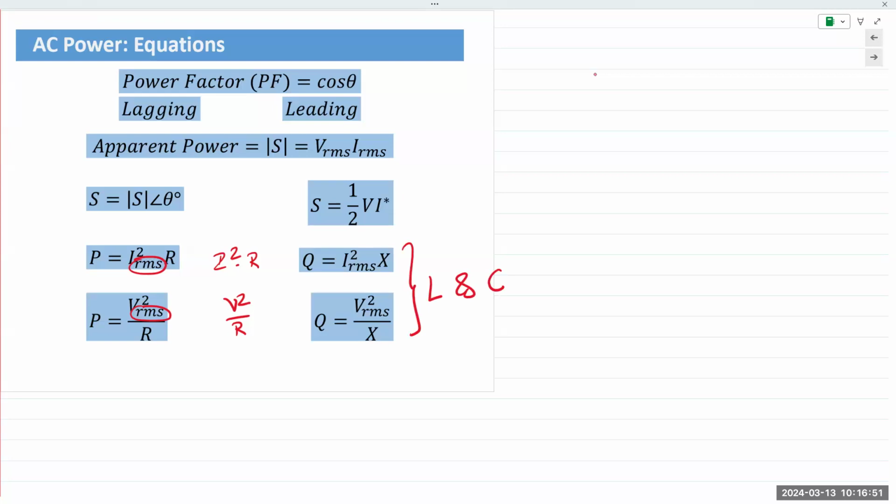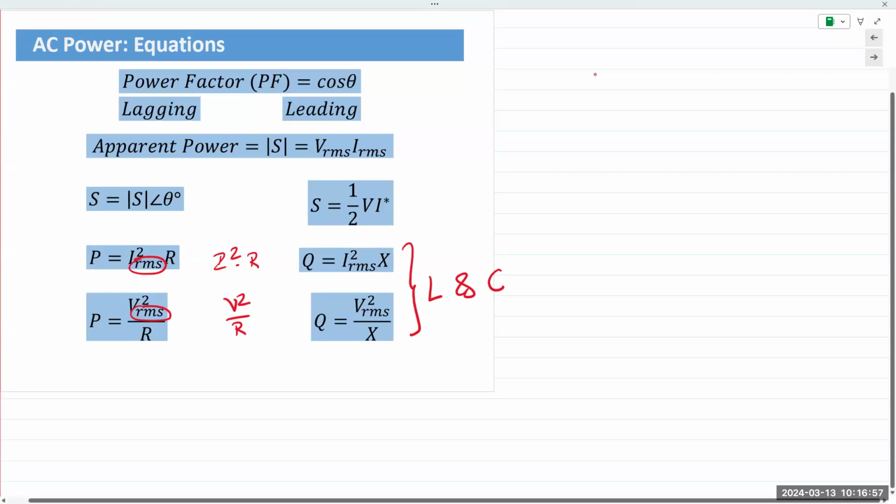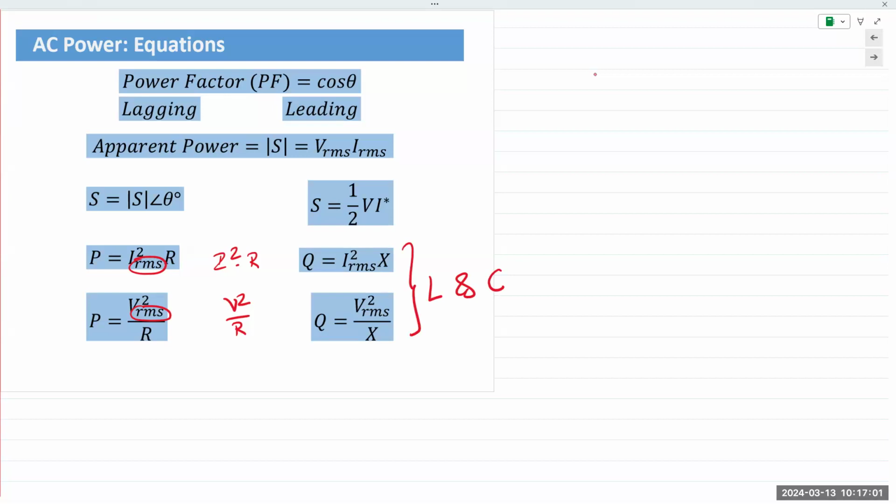One thing I'd like to point out, there are multiple equations that apply equally to all components. As engineers, it's up to you which approach and which equations you'd like to use. Just take the example of a resistor. We can find power in 3 different ways, right?